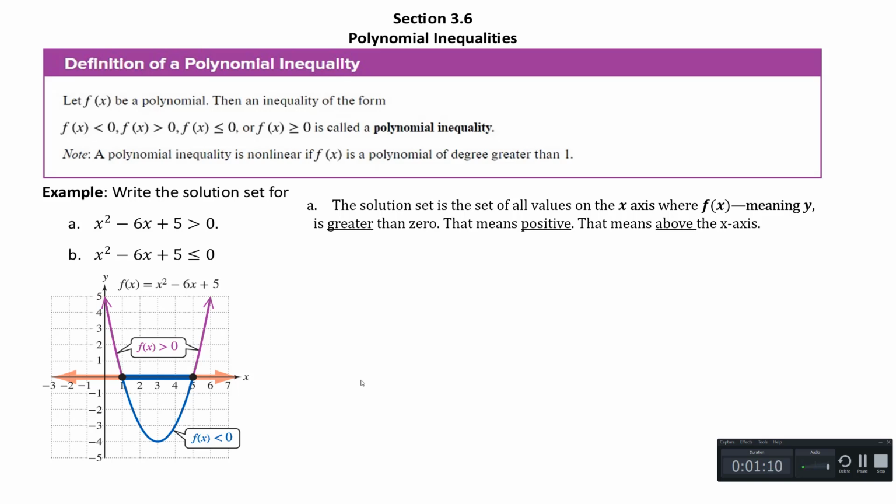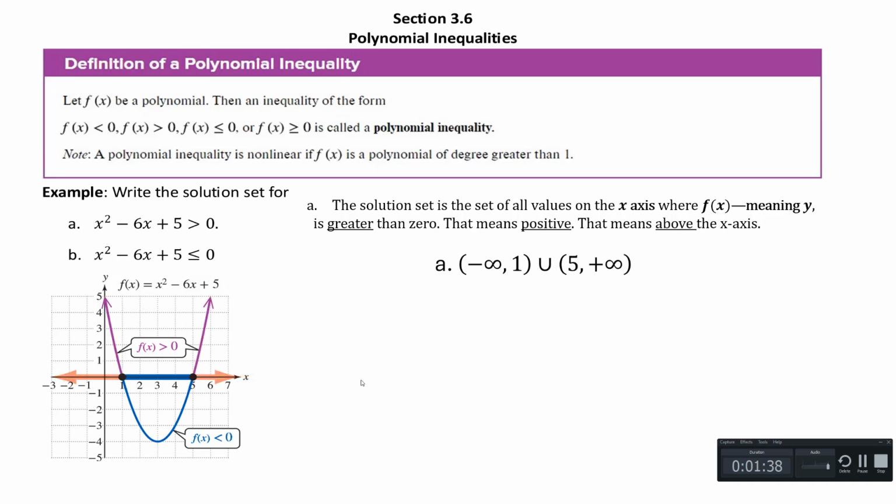That means positive, above the x-axis. If you look at that, you can see that the places where it is above the x-axis are from negative infinity up to 1, not including 1, and from 5 to infinity. So that is the solution set for that inequality. That is where the function is greater than 0.